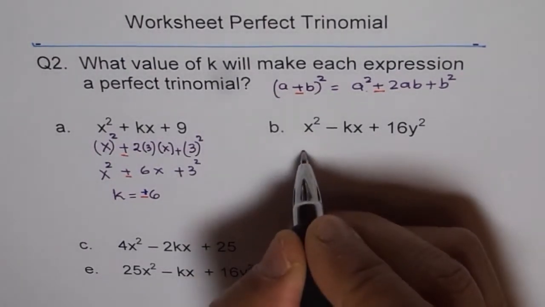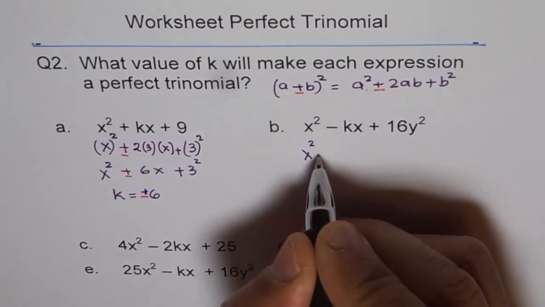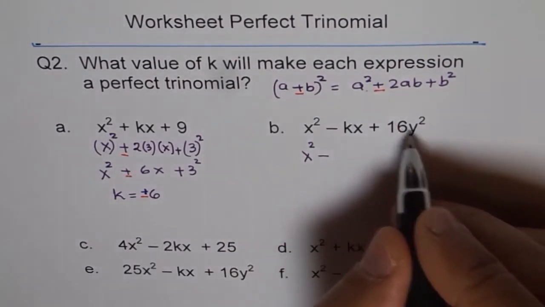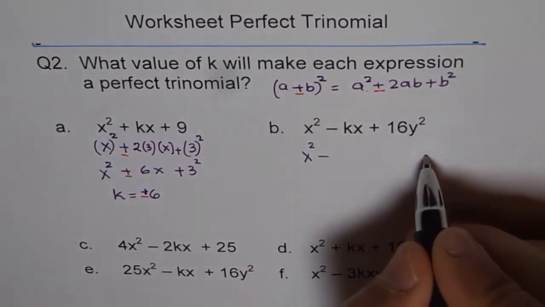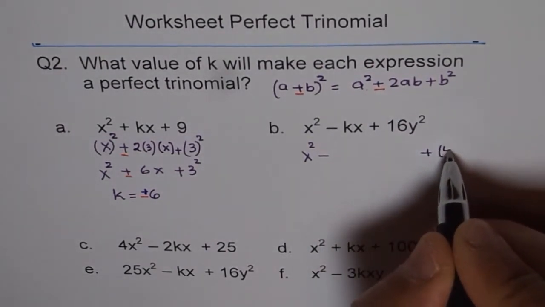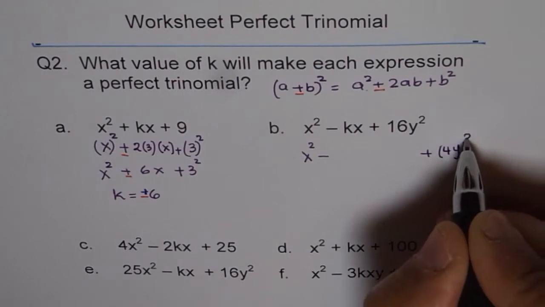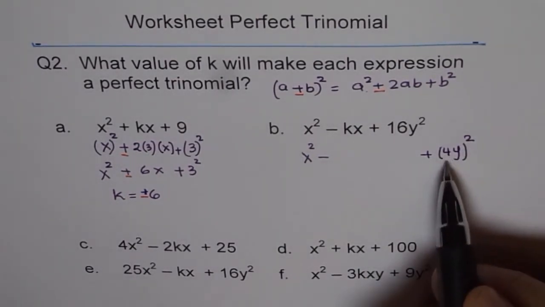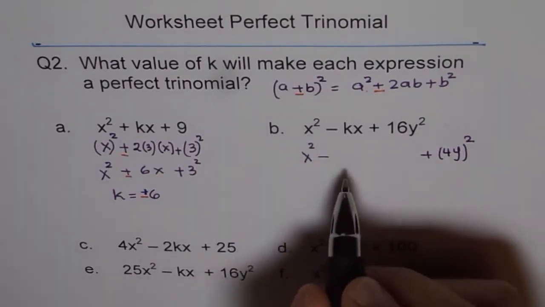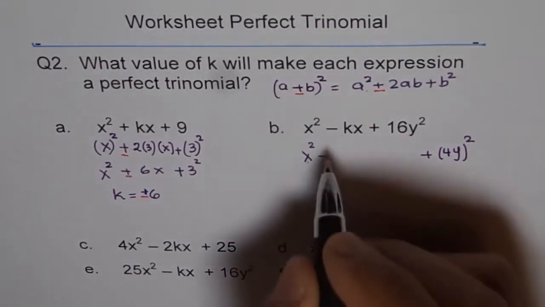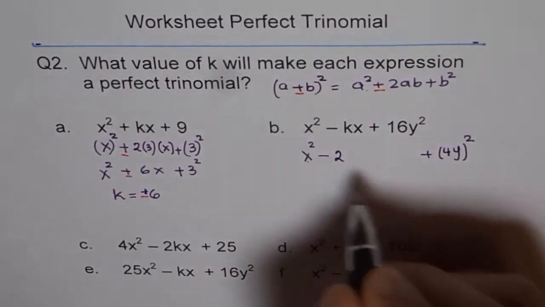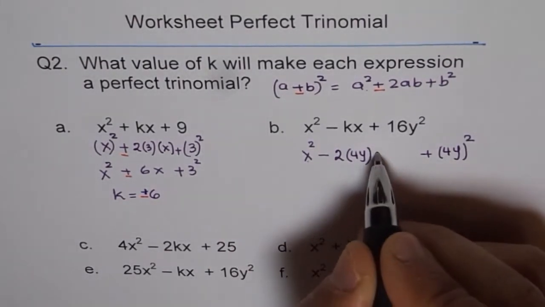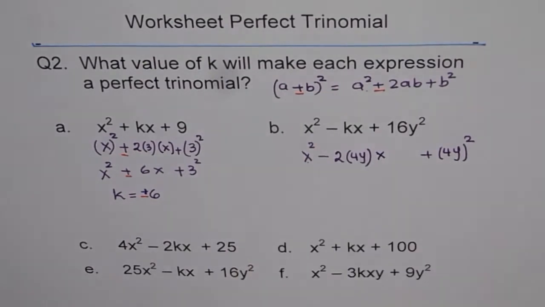I can write this as x squared, and let me leave the middle term for the time being and get to the third term. Third term is plus (4y) whole square, right? It is not just the number 4, right? So in the center, we should have twice this and this. So let me write twice, and we write 4y first, and then this x. That should be right in the center.